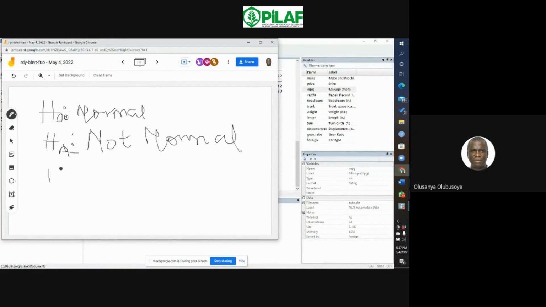If I'm testing hypothesis about the mean, and I say, okay, the mean is equal to 0 versus the alternative, and I say the mean is not equal to 0, this one is the same as saying not significant.